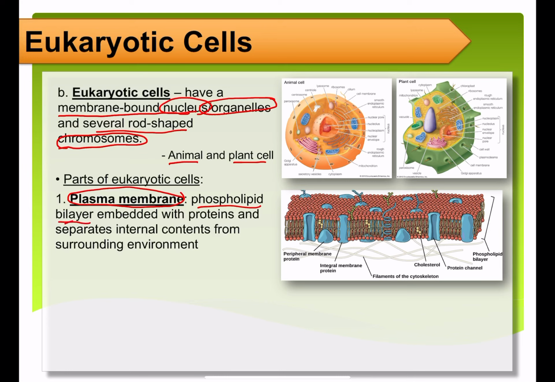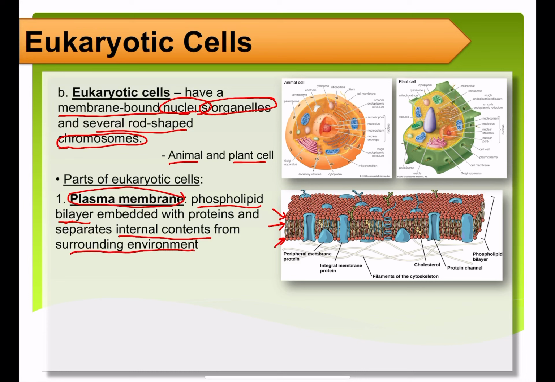The hydrophobic tails are facing toward the middle of the bilayer, and the hydrophilic heads are facing either the exterior or the interior of the cell. Within the plasma membrane, there are usually embedded proteins for specific functions we'll talk about in the next chapter, chapter 5. The plasma membrane's main function is to separate the internal contents from the surrounding environment.